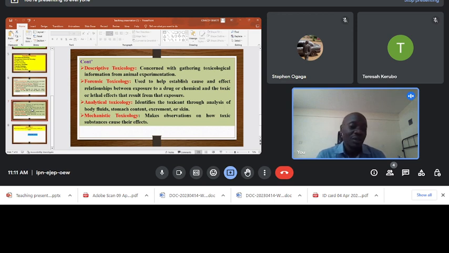For analytical toxicology, it identifies the toxicant through analysis of body fluids, stomach content, excrement, or skin. Then the last discipline of toxicology, which is mechanistic toxicology, deals with making observation on how toxic substances cause their effects in living organisms.